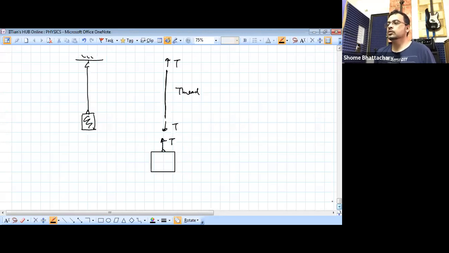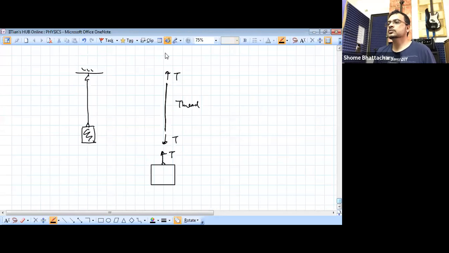Similarly, on the wall or on the ceiling above, there was a small hook. So that hook is experiencing a downward force. So you can see that this is the tension force on the block, applied by the thread.